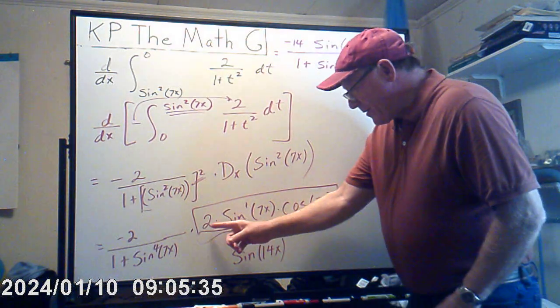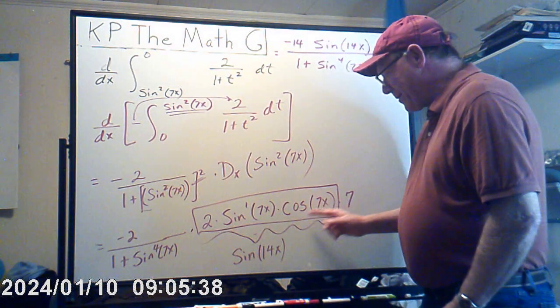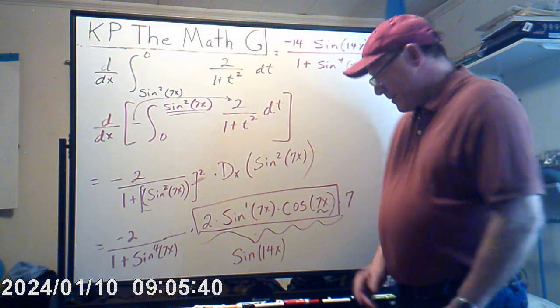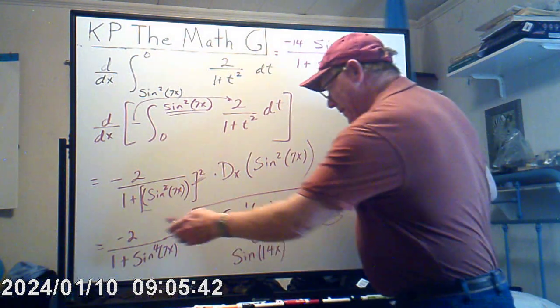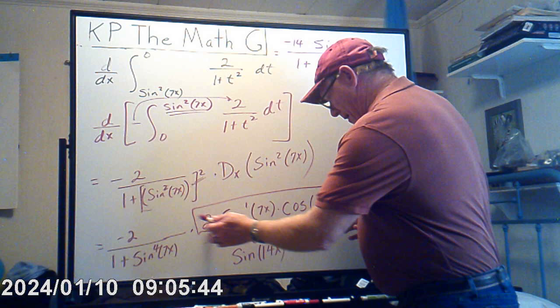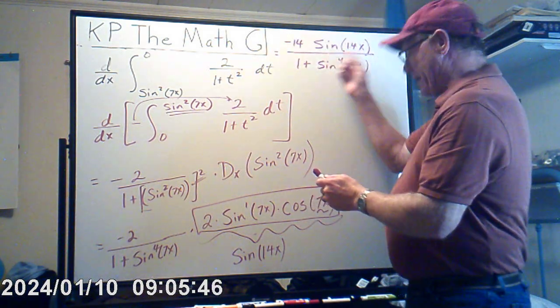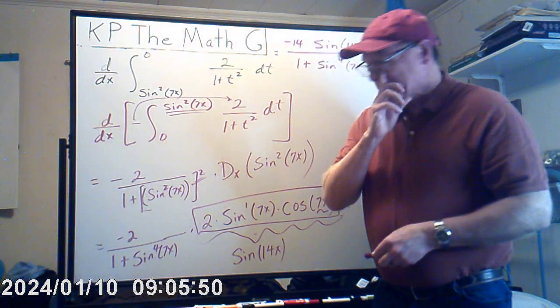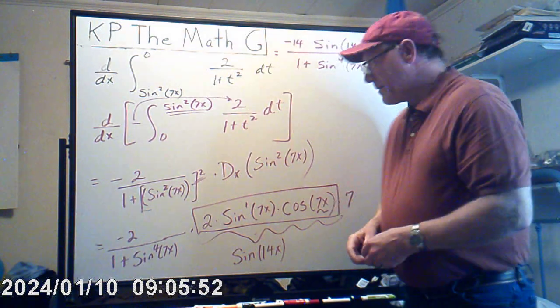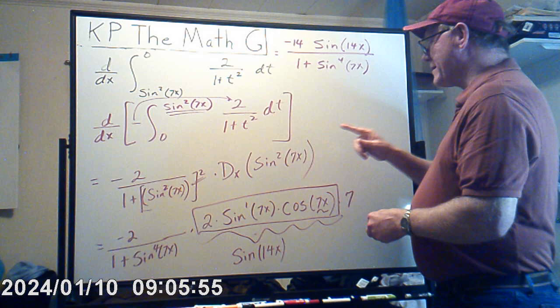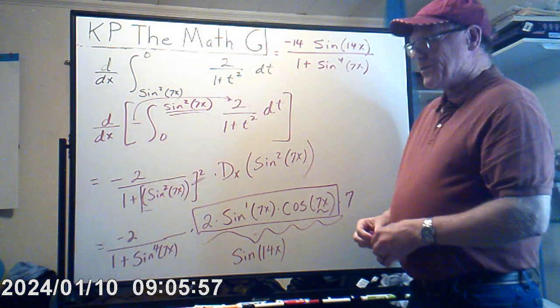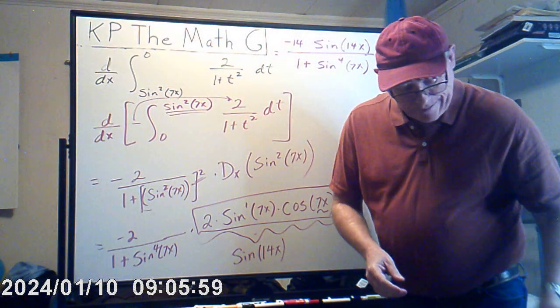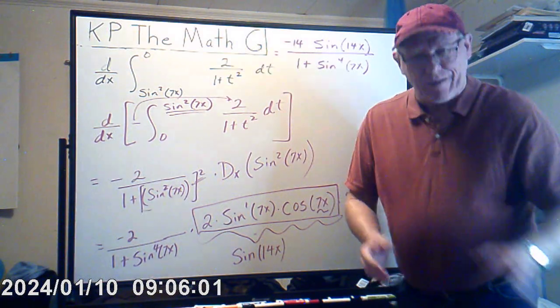But anytime you see a 2 sine A cosine A, you can multiply these two together and make this sine 14x. Remember, that's equal to sine of 2a. Okay, so all of that, this is it right here.